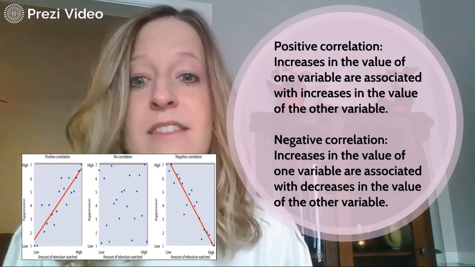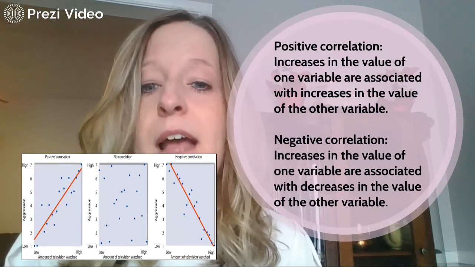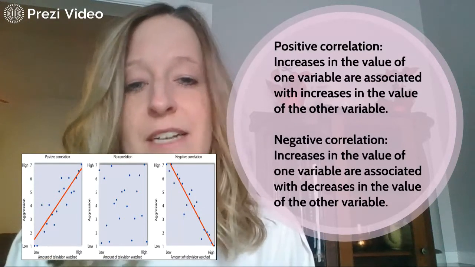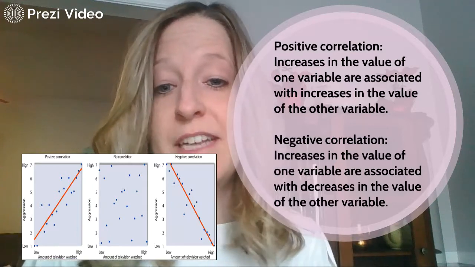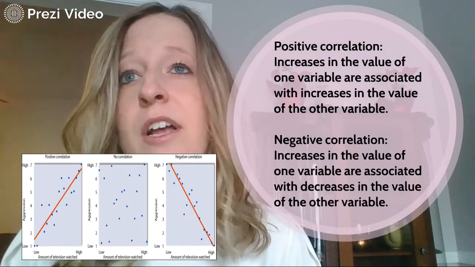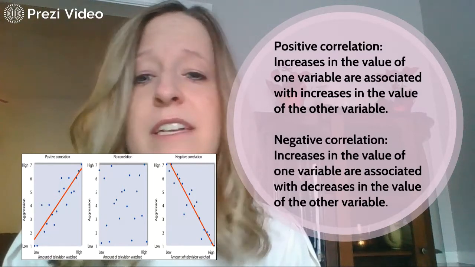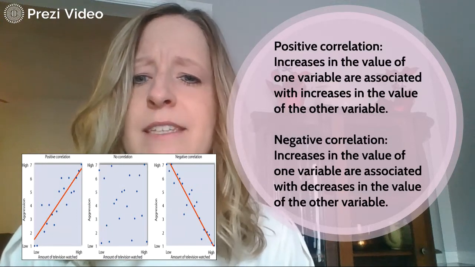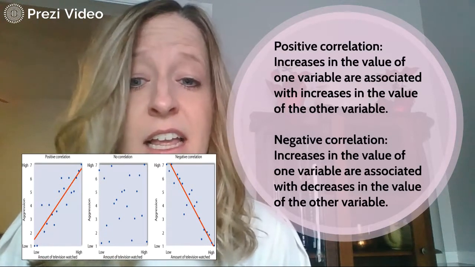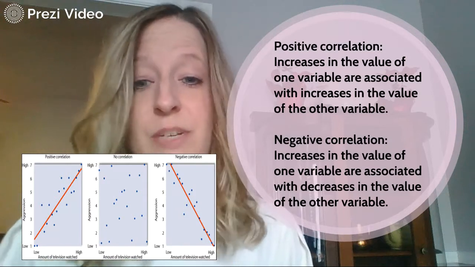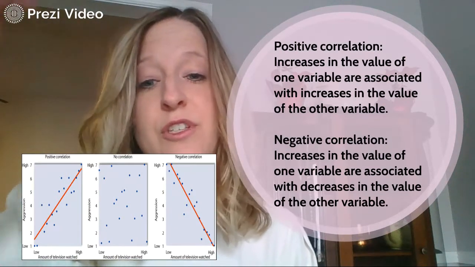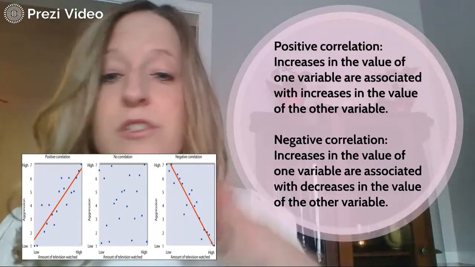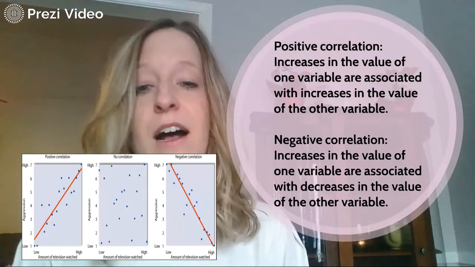Now, keep in mind, you need to think carefully about how the variables are defined as to whether to expect a positive or negative correlation. If we defined here our variable of driving in terms of the amount of errors made or the amount of times that someone swerved out of their lane, then we might expect a positive correlation between the amount of alcohol consumed and the amount of driving errors or the amount of times that someone swerved out of their lane.